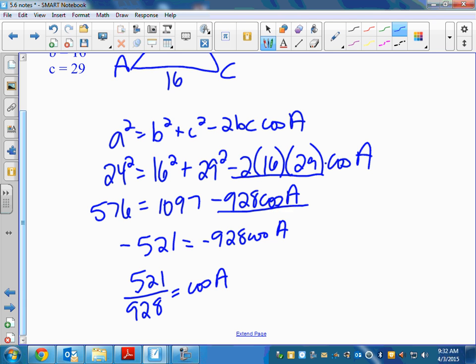Inverse cosine, not sines anymore. No, I got 55.8. What did you get when you divided those two? Don't divide them. Keep it 521 over 928. If you divide them, you get the wrong answer. No, I got 55. That's what I got too.